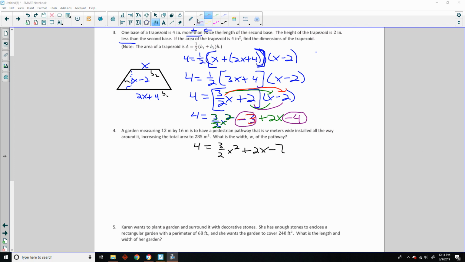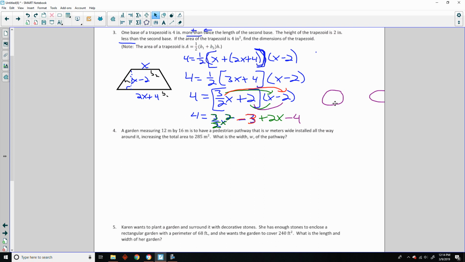Okay, I was just looking at this and I caught something, so let me just erase this. Let's get rid of that there. When I multiplied 3 halves x times x, I get 3 halves x squared. That's correct. But when I multiply 3 halves x times a negative 2, it's a negative 3x. And then the inner is 2 times x, which is 2x, and 2 times negative 2 is negative 4.